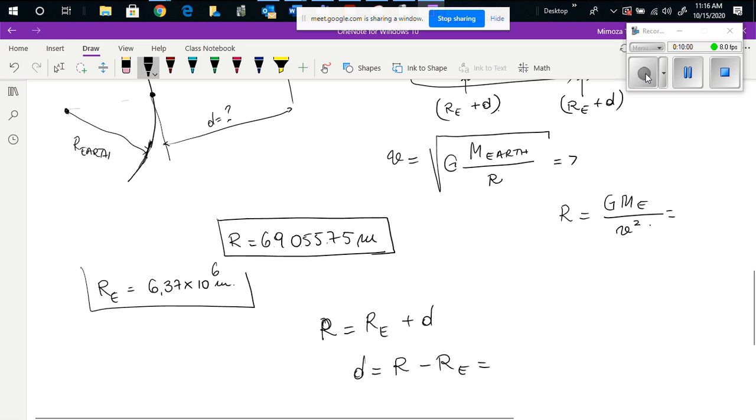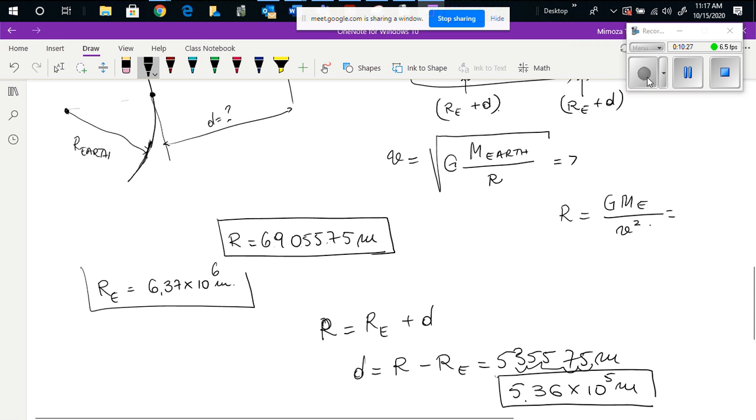So this will be equal to this many meters, or if we write it with correct sig digs, then we will have 5.36 times 10 to the power of 5 meters. So this is how far from the surface of the Earth the satellite is.